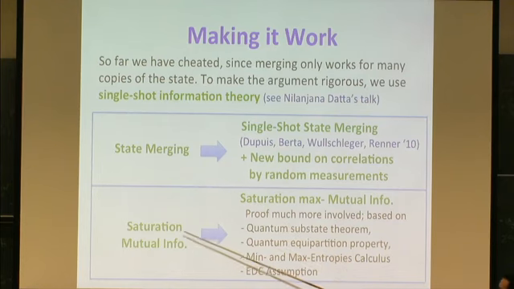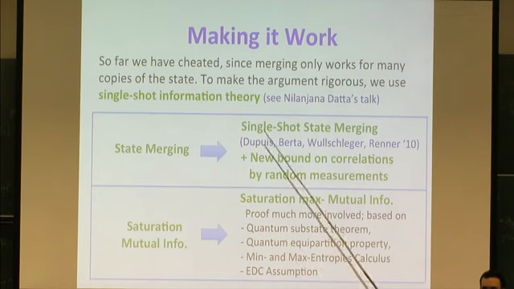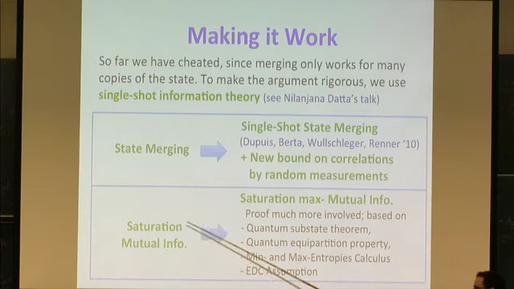But the tricky part is really in this saturation of mutual information that I just mentioned. So the proof for the von Neumann case is very simple. As I mentioned, it's just subadditivity of entropy. For these max and min entropies, it gets much more complicated. But because we have the intuition of the asymptotic case, it still works in the end. So you just have to work more.